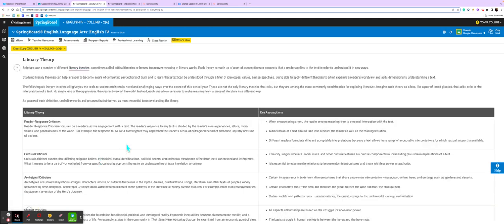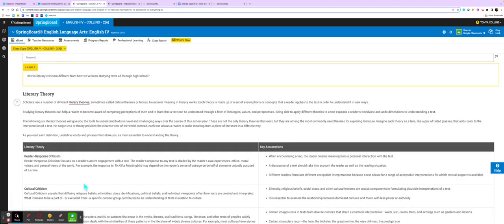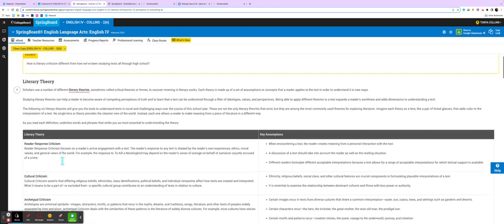The next thing I want you to do is read literary theory. When you are reading and discussing literary theory with your peers, I want you to highlight the text and mark the text for key ideas to help you understand the definition of each one of these theories.